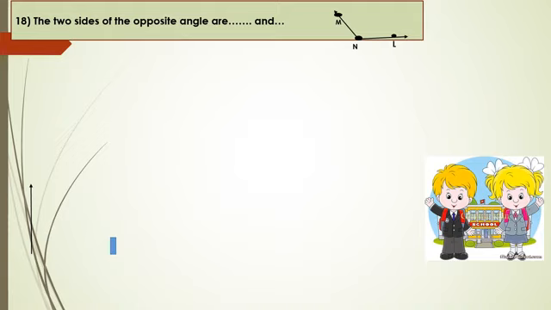So the two sides of this angle are NM ray, and the second side, NL ray. These two sides are the sides of this angle. So the two sides are NM ray and NL ray.